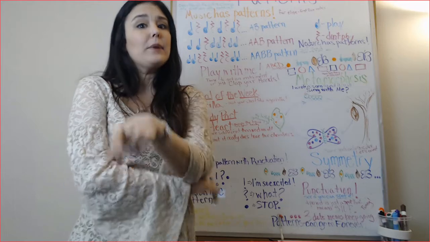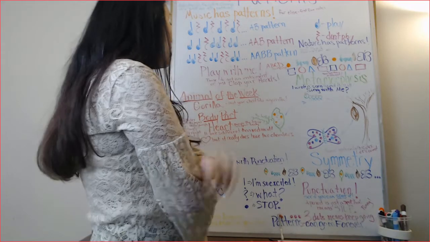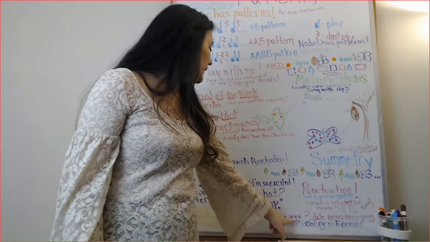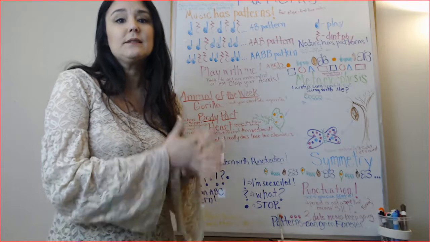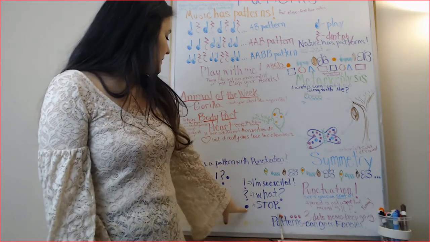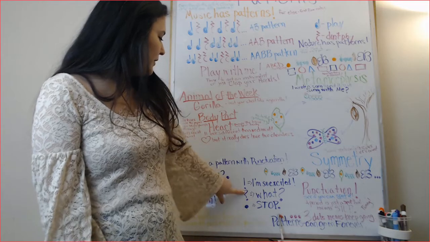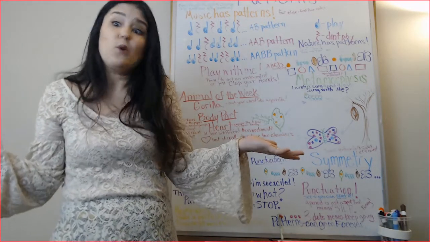Do you see these three dots right here? If you remember, when we talked about punctuation in the Explorer class, we said that a period is just a dot that means stop. It's just a spot that means stop, right? We had the question mark that means what? Question mark means a question.